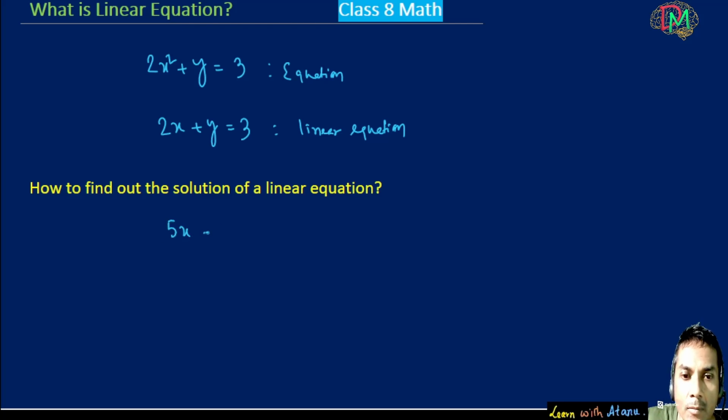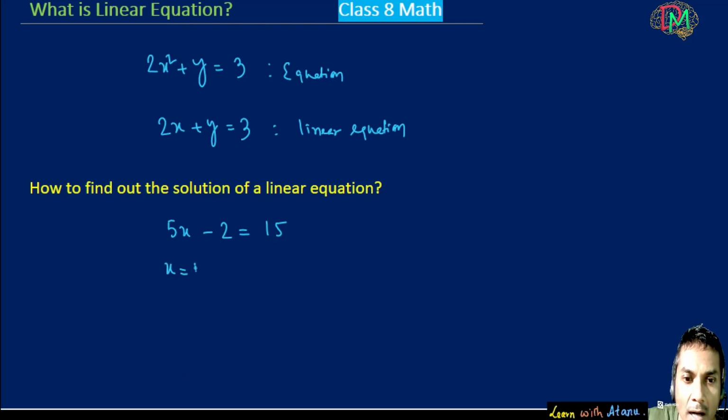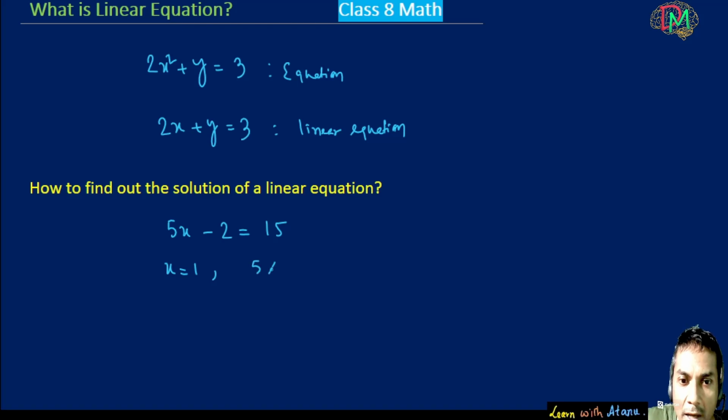5x minus 2 is equal to, for example, 15. Okay, so solution means for what value of x, if we put it in the LHS, we get the RHS. So if we put x is equal to 1, then what value do we get? So 5 into 1.